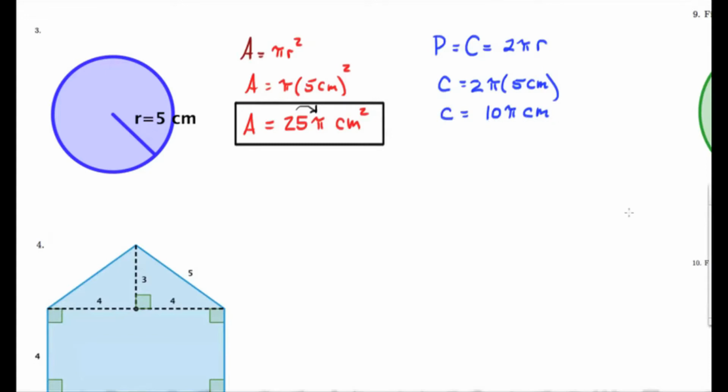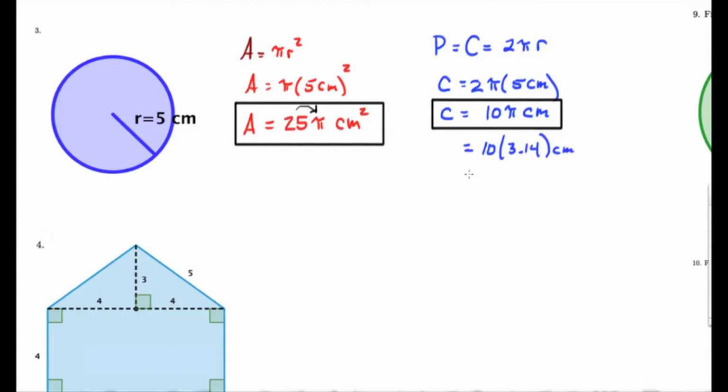Again, I can leave this in terms of pi and not multiply it out, but let me do it this time for this one. 10 times pi, well, pi is approximately 3.14.